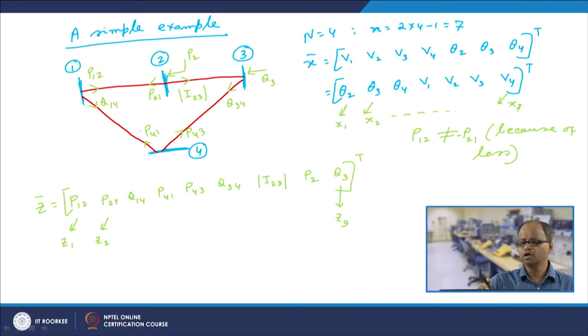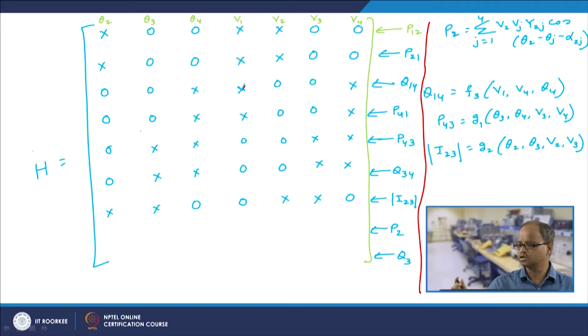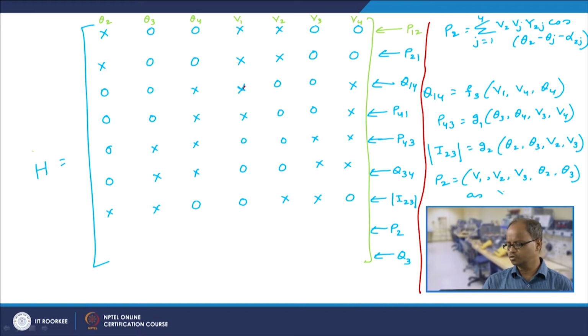So, then therefore, P2 would be only a function of V1, V2, V3, theta 2 and theta 3, because it would not be a function of V4 and theta 4 for the simple reason that Y24 is equal to 0.